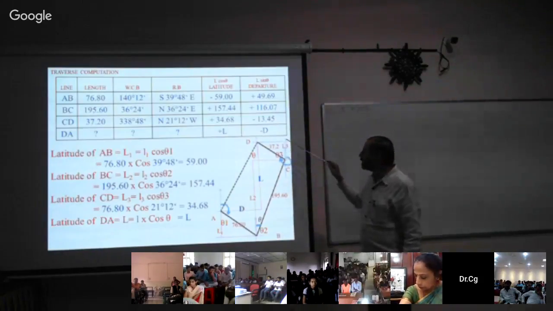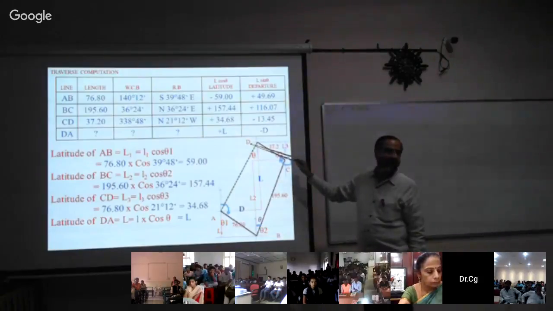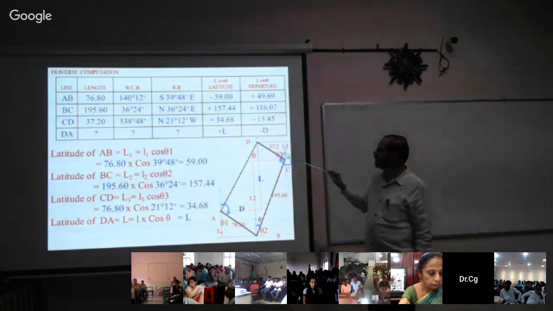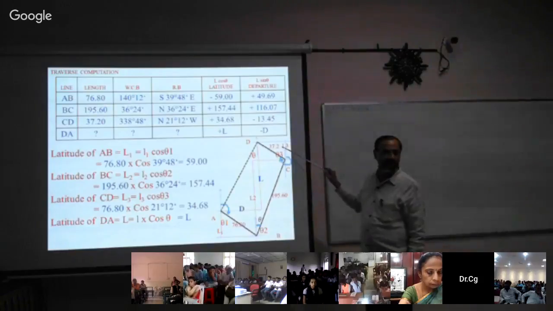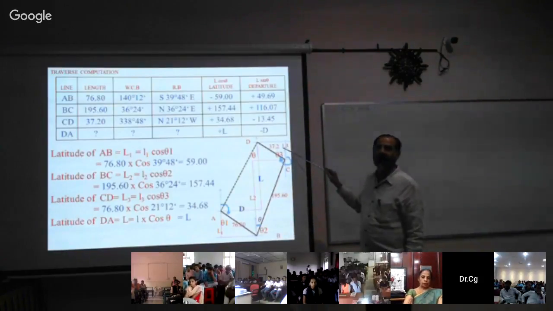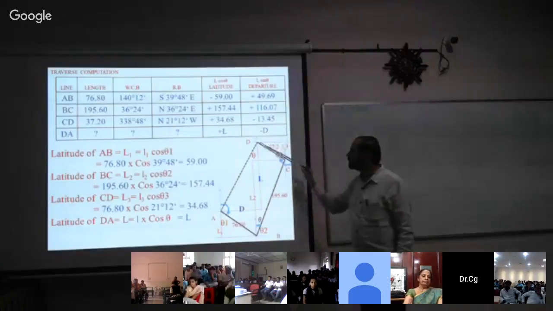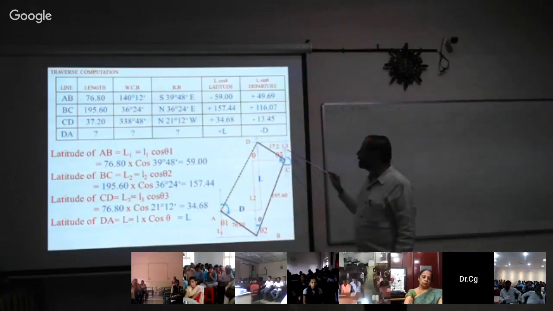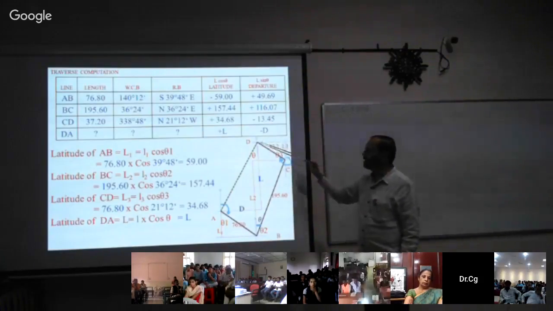Latitude L3 is length of CD into cos theta, and departure is length of CD into sin theta.